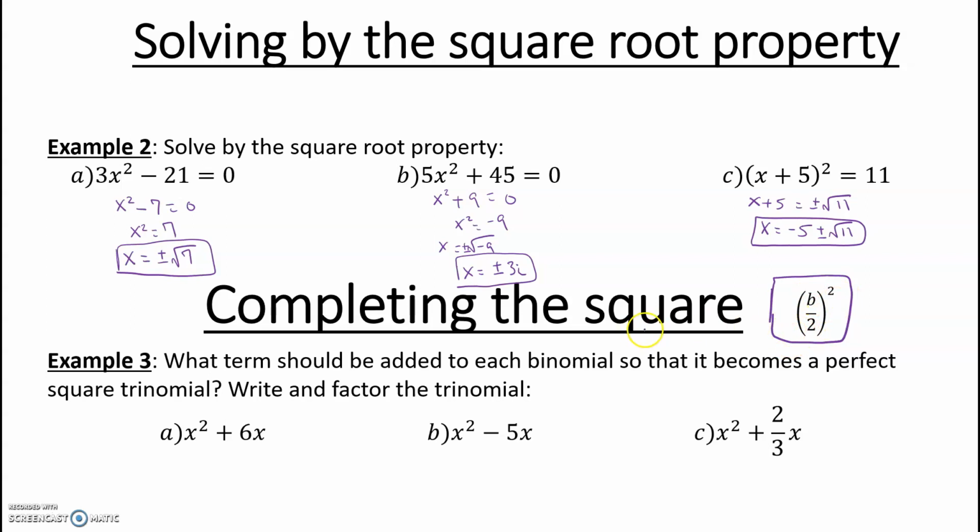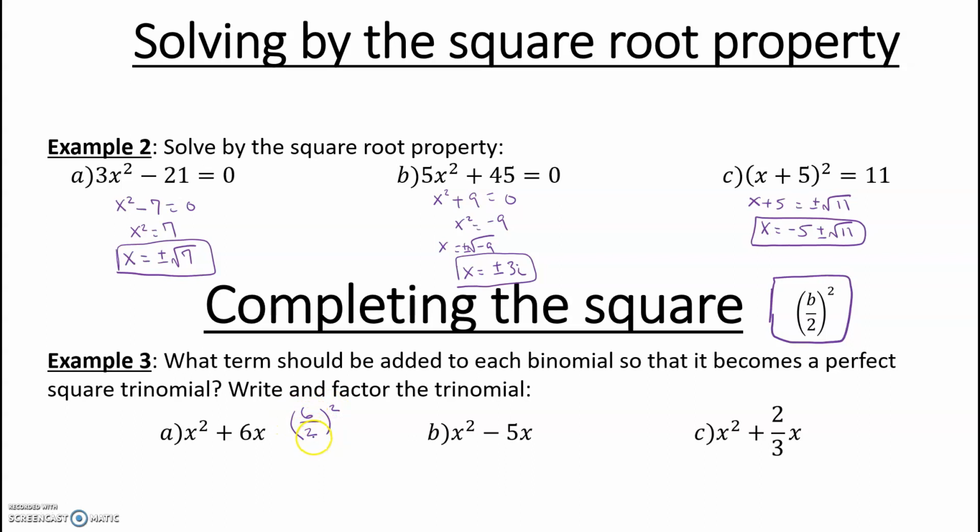So completing the square means you're going to make a perfect square. We want something like x plus 5 squared, so we can just square root both sides. All right, we're going to make that happen. How do you make it happen? There's your formula. So here a is 1, b is 6. So when you're trying to find out what you need to add, you're going to say b over 2 squared.